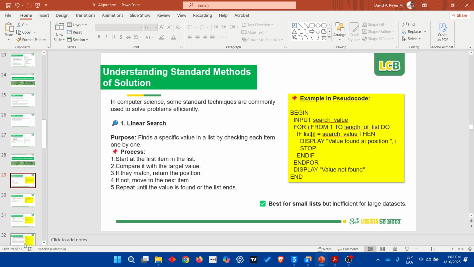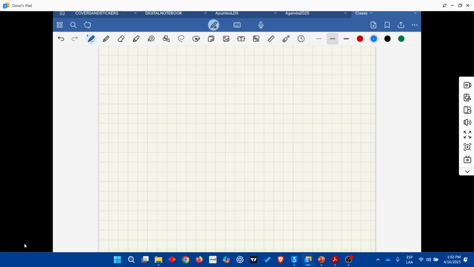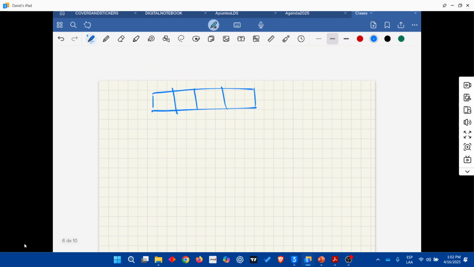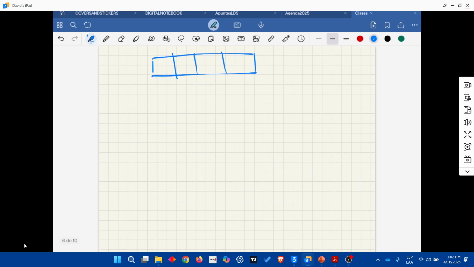What does that mean? I want to explain this in this way. Let's suppose that here we have the number 4, the number 5, the number 8, and the number 1. And someone asks you to find if in this list you have the number 1. So what are you going to do?